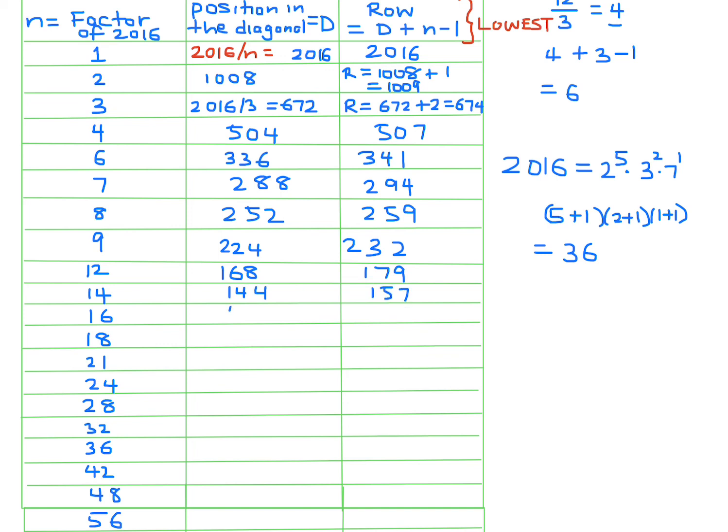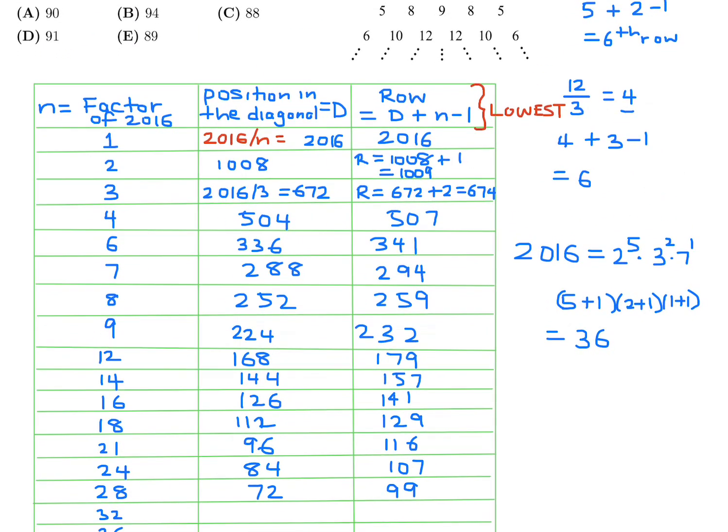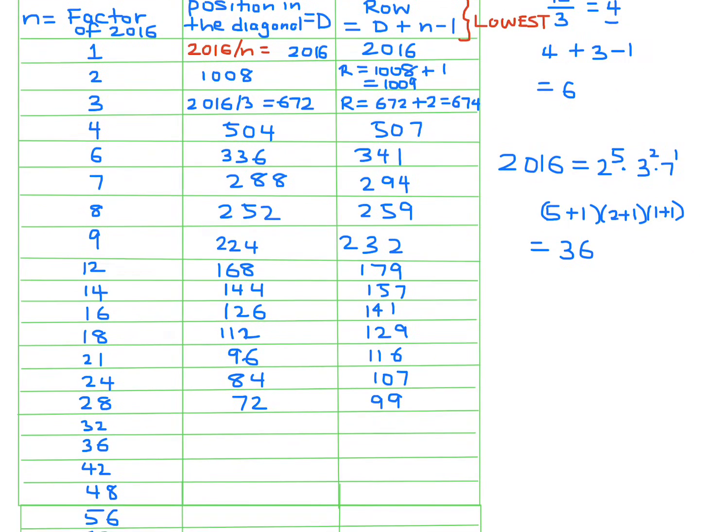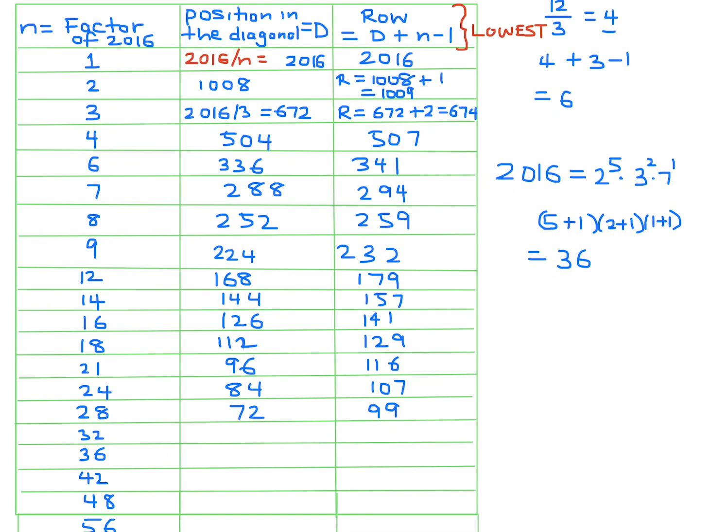Okay, the numbers are getting smaller, so that's good. 126, 141. 112, 129. And then 96, 116, 84, 107, 72, 99. Is 99 one of the answer choices? Nope. Okay, no problem. We're getting close though.